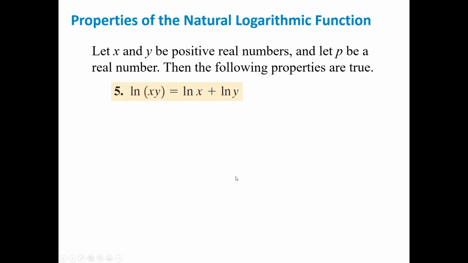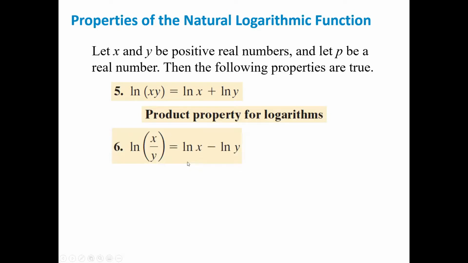Here is some more review. If we take the natural log of 2 variables multiplied, we break them out with a plus. All we're doing differently here is showing natural log rules compared to log rules. As you see, they work exactly the same way. There is no difference whatsoever.